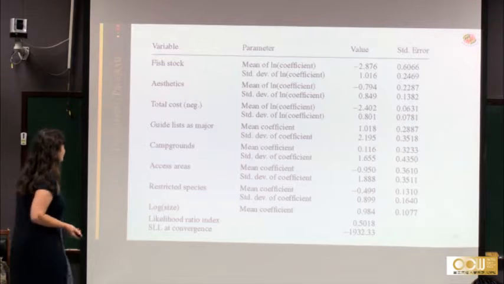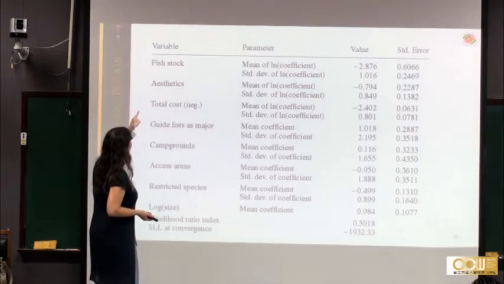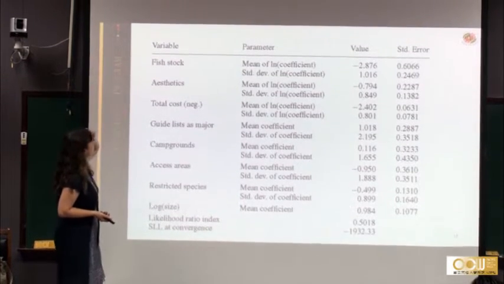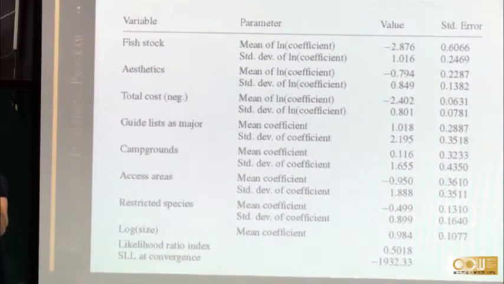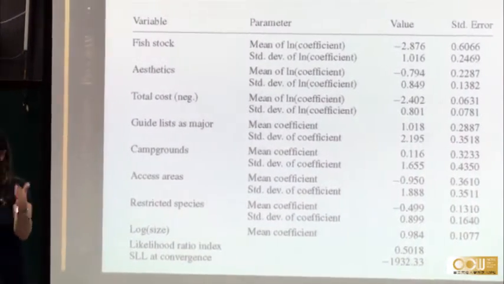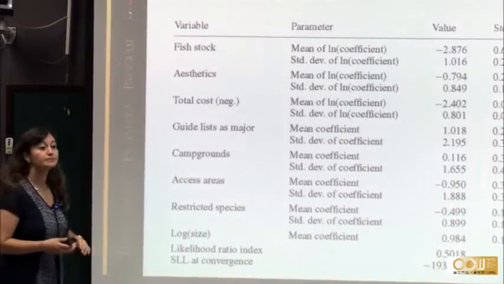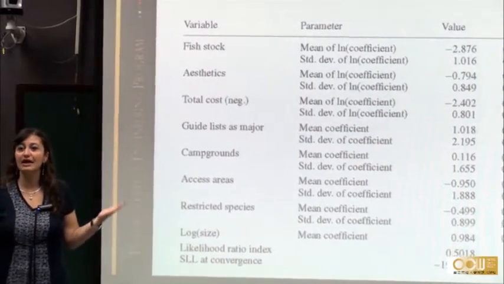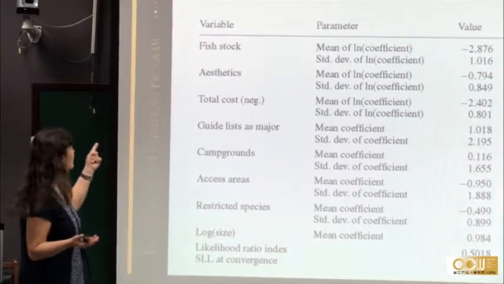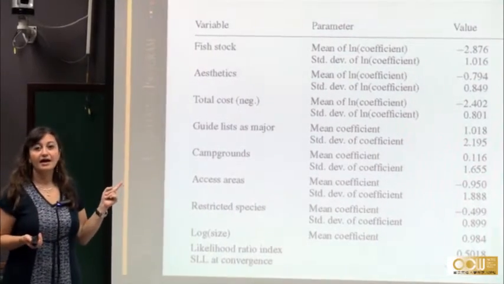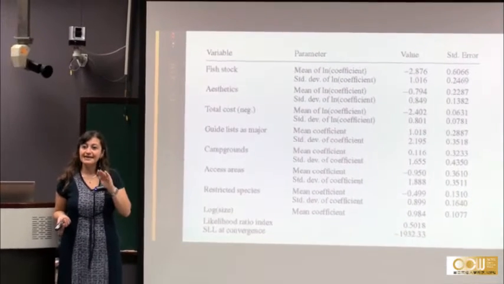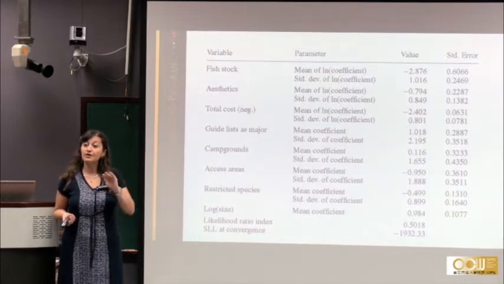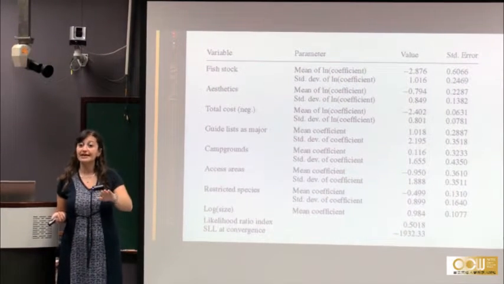So what he's doing is, instead of estimating the coefficient, he estimates a log normal transformation of the coefficient. For the first two, we are fine because log normal is always positive. For the cost, he assumes that it's log normal, but then he changes the sign of the variable in the data set in order to get a negative coefficient.